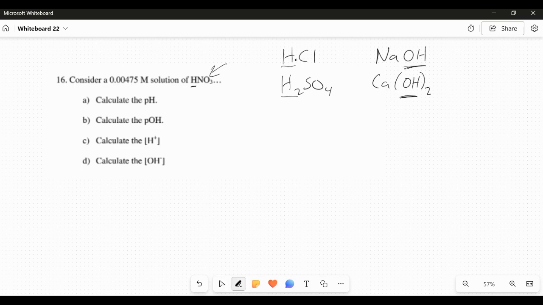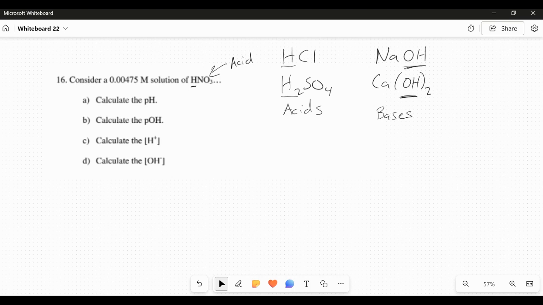So acids have hydrogens in the front, and bases have hydroxides at the end. So our substance, HNO3, is an acid. And what that means is when you put this in water, it's going to lose its hydrogen. It's going to donate it.